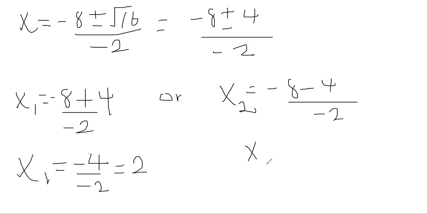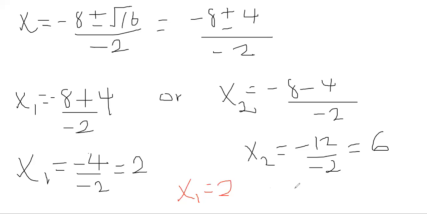And x2 will give us minus 12 over minus 2, and this will give us 6. So at the end of the day, x1 equals 2 and x2 equals 6. This is what we need, the solution of the equation, or the roots of the equation.